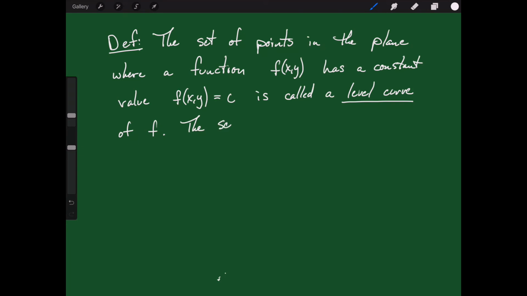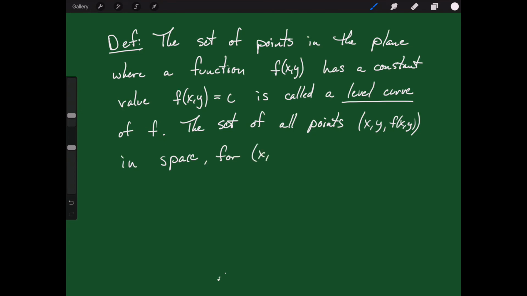The set of all points x, y, f of xy, and if you like, you could think of that f of xy as a z in space, for xy in the domain of f, is called the graph of f.